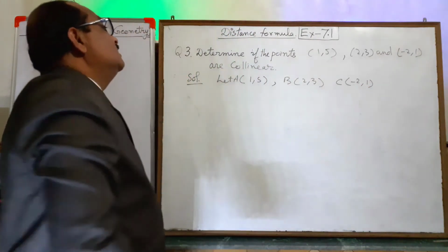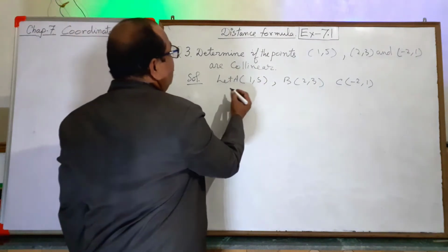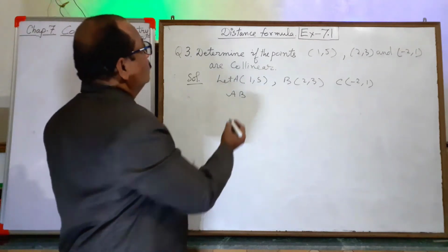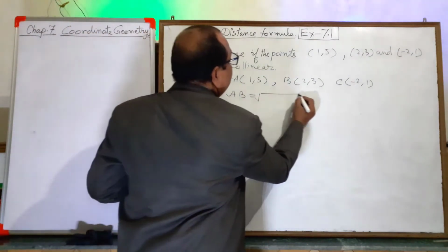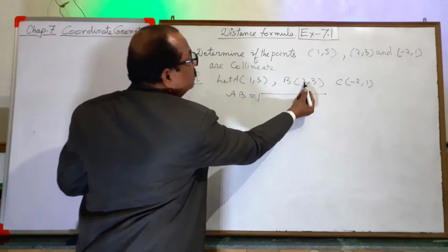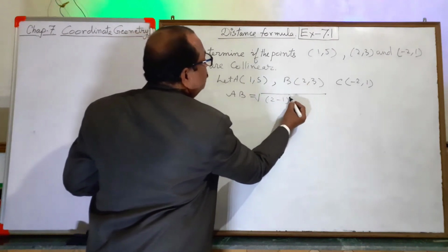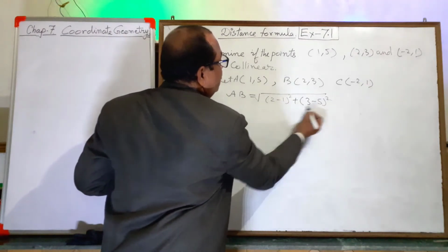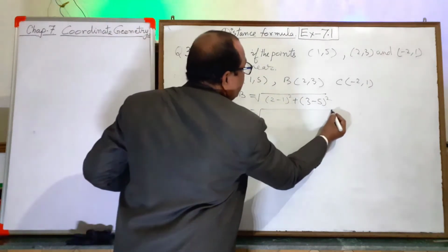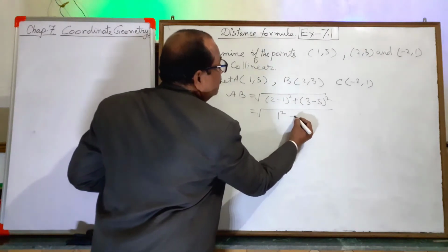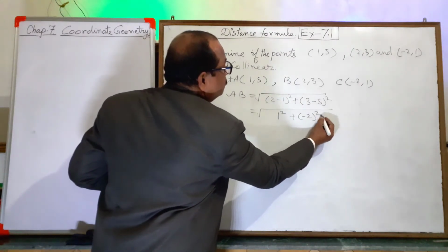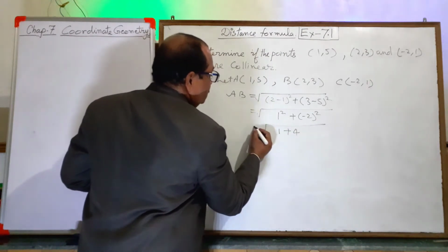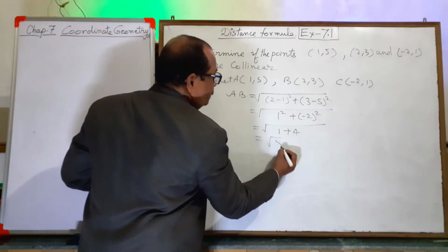Now first of all you have to calculate the distance AB. AB you can calculate as 2 minus 1 whole square plus 3 minus 5 whole square. So this value is 1 square plus (-2) square. Now simplifying, 1 plus 4, this value is under root 5.